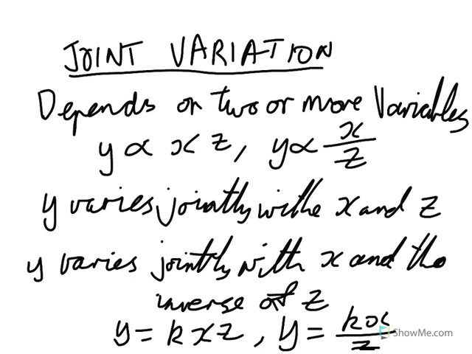The two things are basically multiplied together, so there's a multiplication in there. And if you like, this is x times 1 on z. So jointly, those are multiplied. Okay, let's look at some examples then.